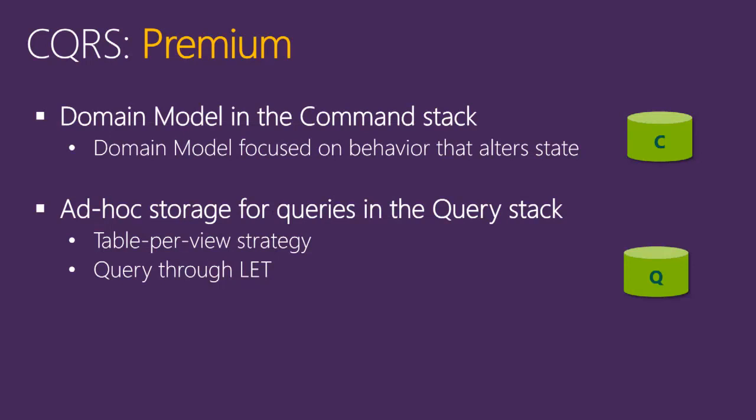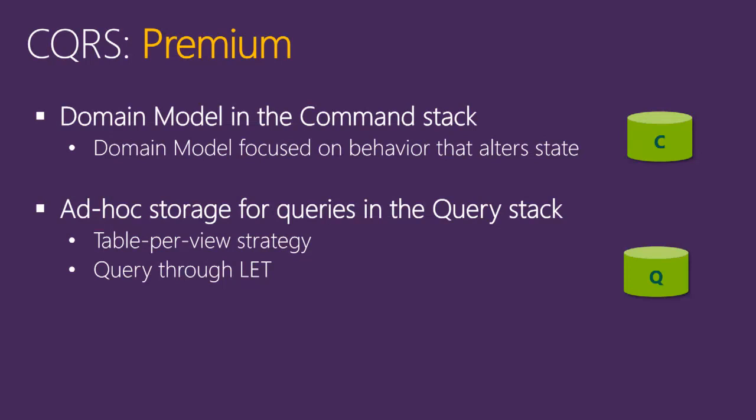And once you have one table per view, all that you have to do is just running the query. At that point, you need no extra logic in the query stack, and LINQ, in this case, works just perfectly. The performance is maximum.